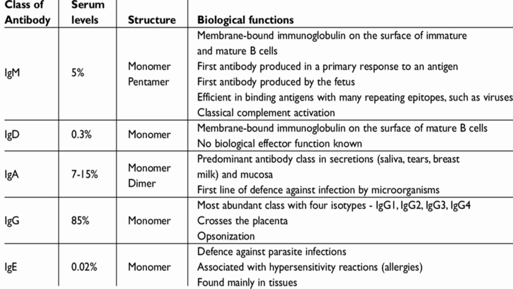They may be alpha, delta, gamma, mu and epsilon. So the presence of the different heavy chains is responsible for the subclassification of these immunoglobulins.